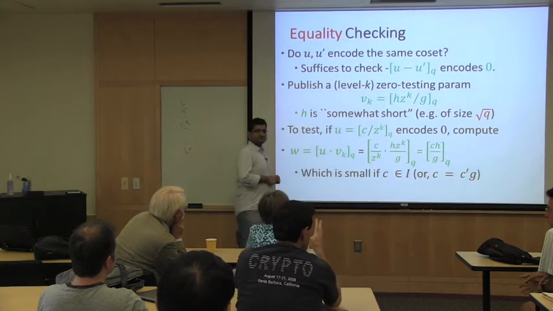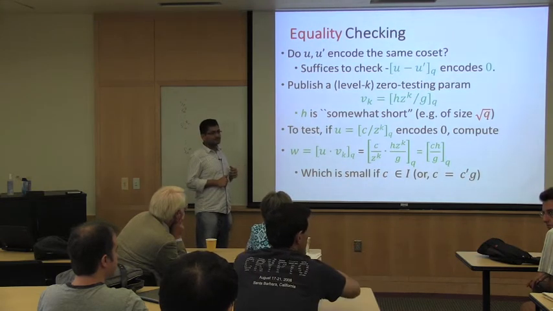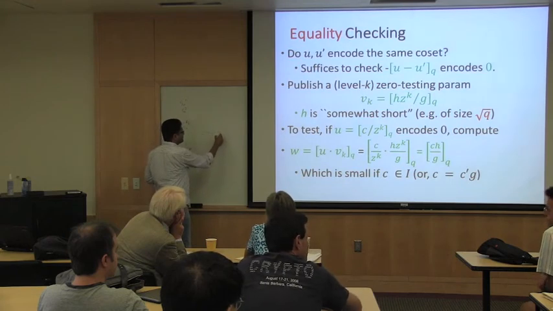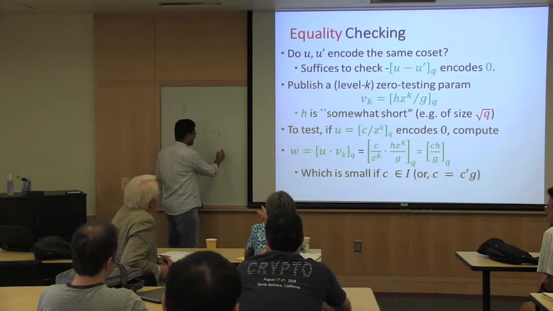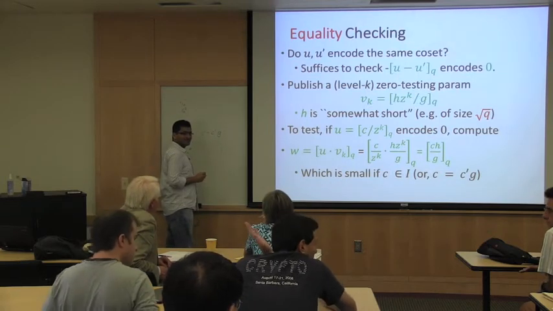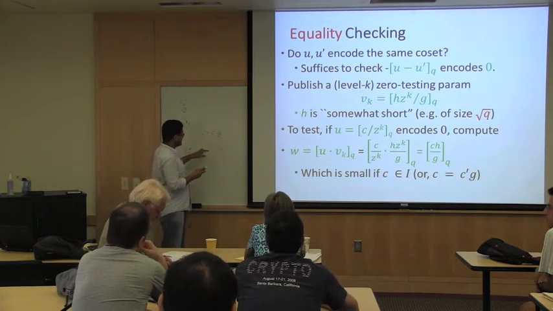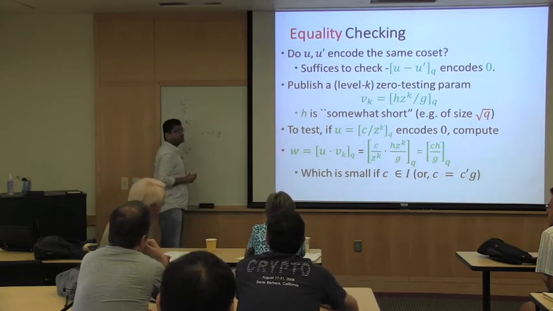The thing is, if c is in the ideal I, then c is of the form c prime times g. Then when you divide, you divide out. So if you look at c, this looks like c prime g.